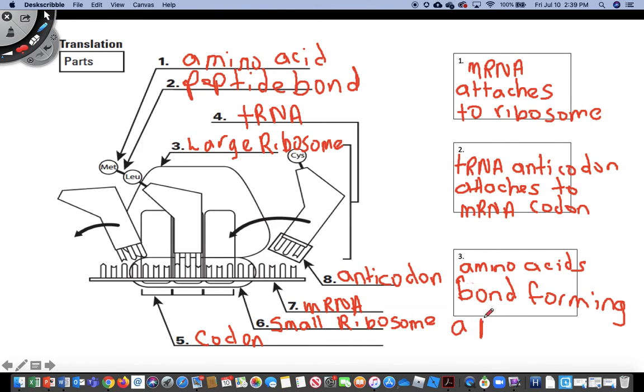Forming a protein, or a polypeptide, which is a chain of amino acids held together by peptide bonds. Okay, so that's how this protein is just going to continue growing and growing and growing.